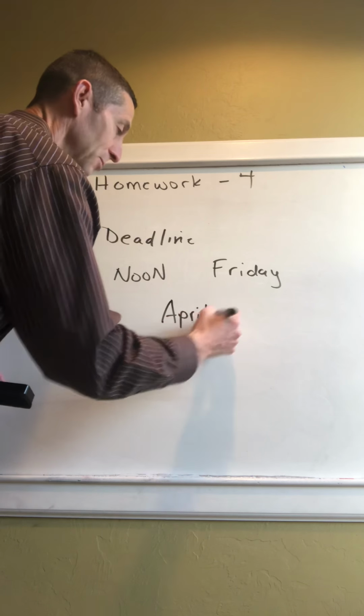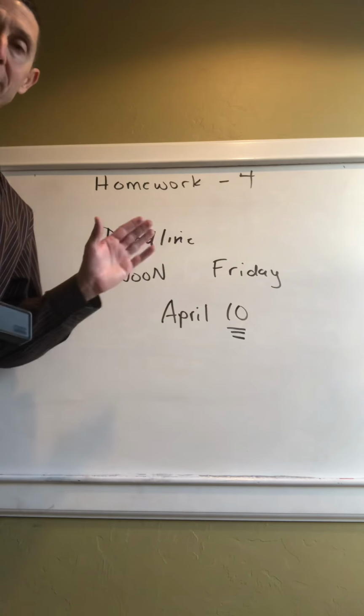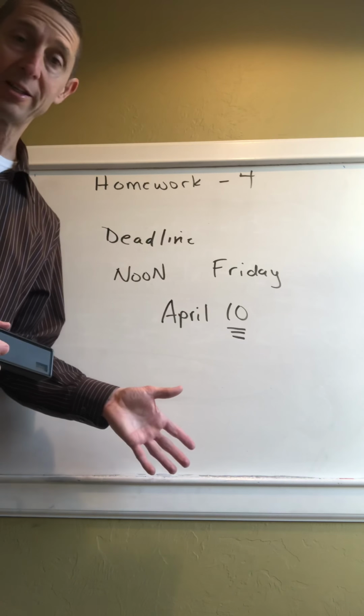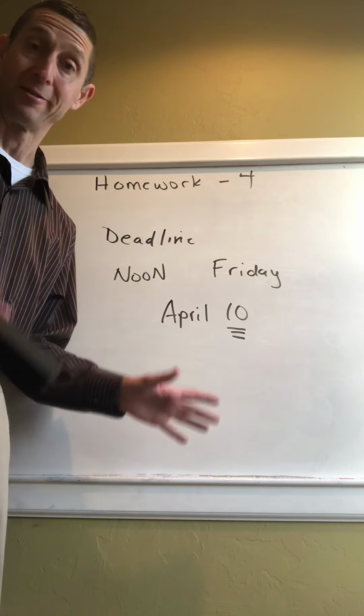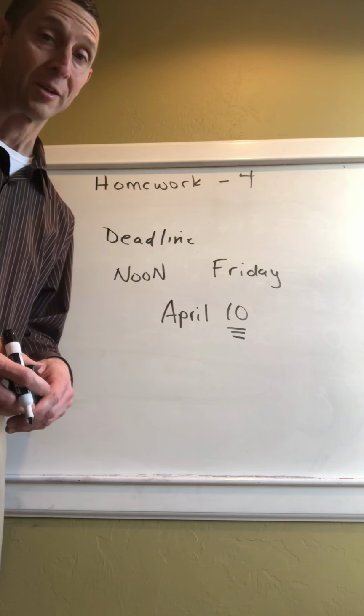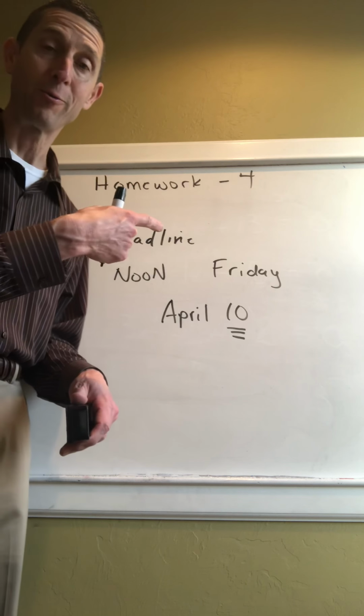This is April 10th. But don't wait till Friday. Just send me that email, get it turned in early, get your attendance credit, get your homework credit, turn things in early. That would be fabulous. All right, guys. This homework, only 3 of them, homework 4, get after it.